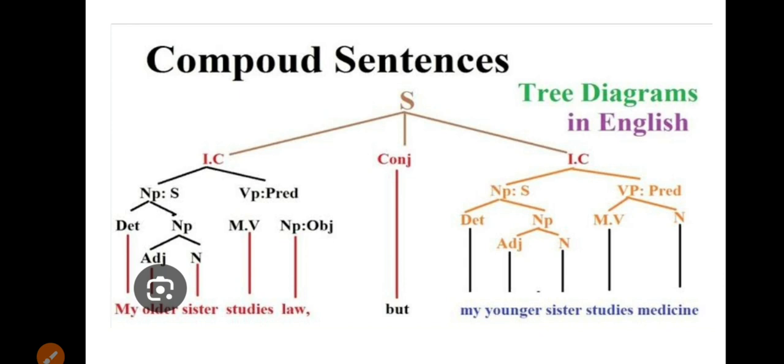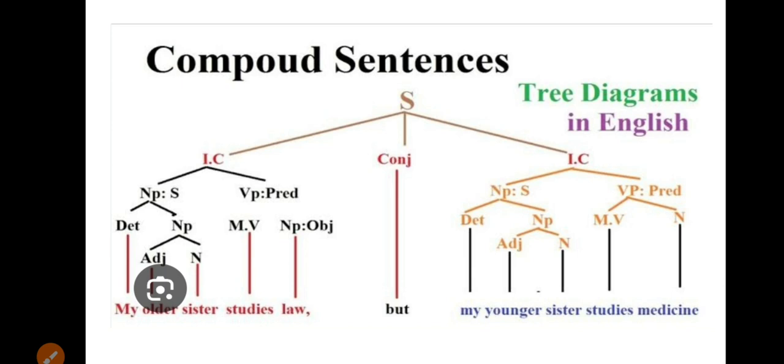Now the noun phrase, right? My older sister studies law. So "my older sister", that's a noun phrase or subject. This way also we can do. That's the noun phrase, and then the verb phrase is the predicate. So "my older sister": "my" is a possessive pronoun, a determiner, then "older" is an adjective, and "sister" is a noun.